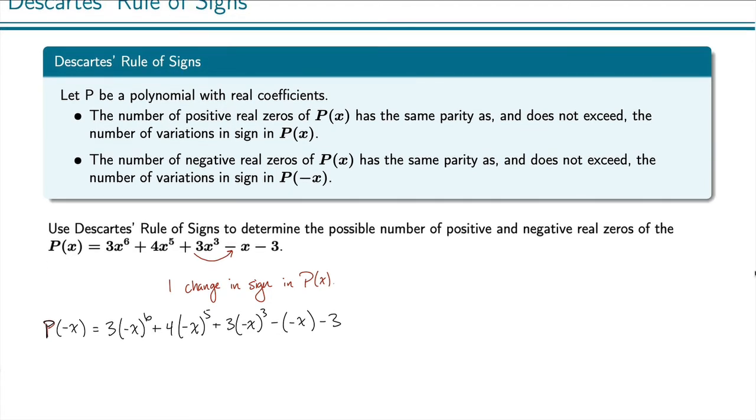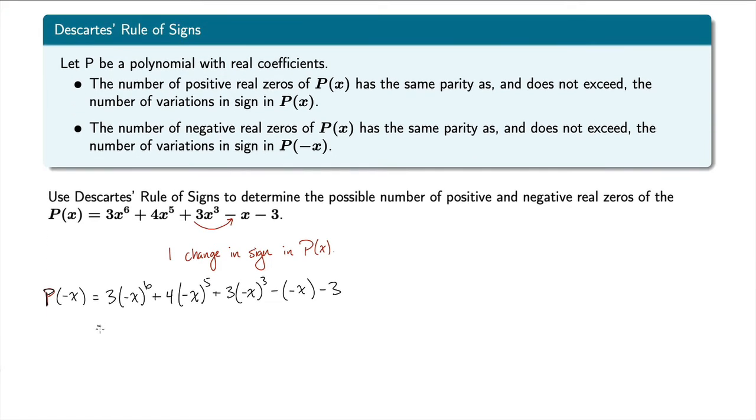Then we simplify: a negative to an even just disappears, so this is 3x to the 6, but a negative to an odd comes out, so this is now minus 4x to the 5. Here we have a negative to an odd, so it comes out minus 3x to the 3. Here we have a negative, so that's positive x, and then our minus 3.